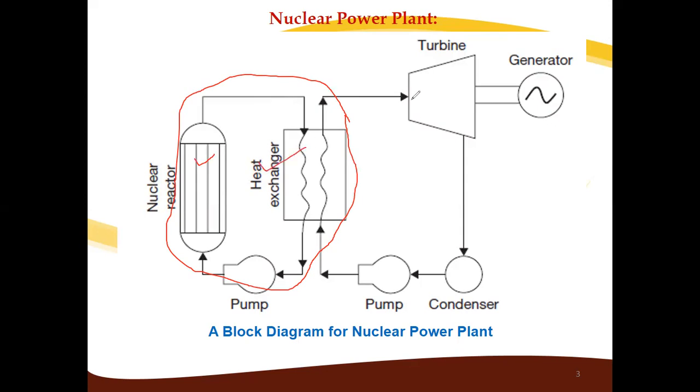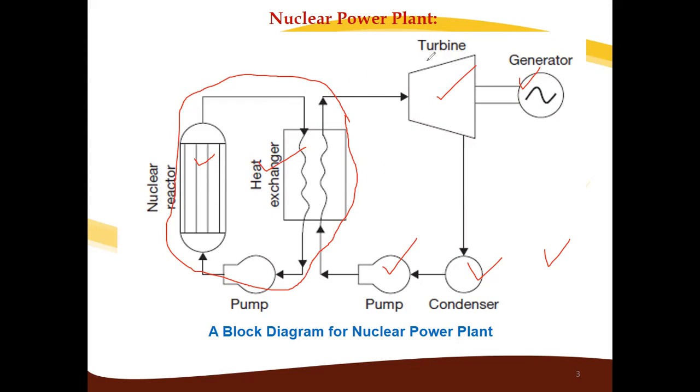All other parts, that is turbine, generator, condenser, cooling tower, and feed water pump, are the same as in the thermal power plant. Only the heat exchanger is required, which exchanges heat between the heating water and the water, and we convert that heat into steam.